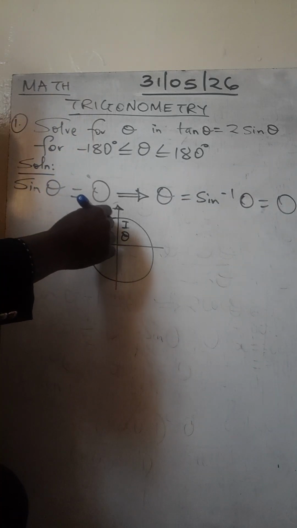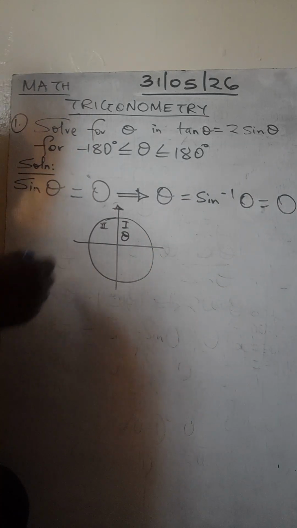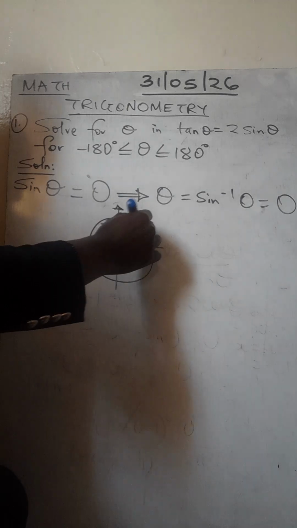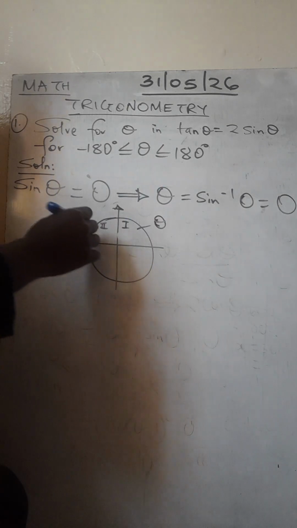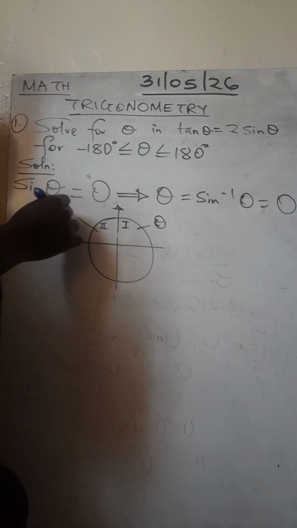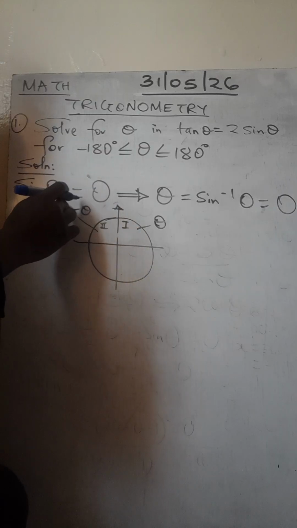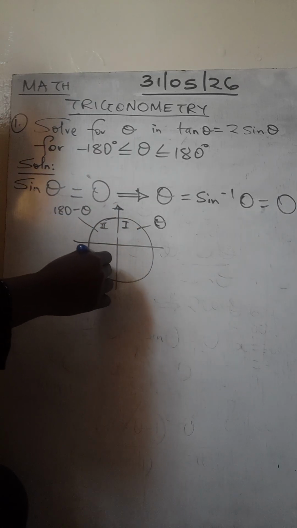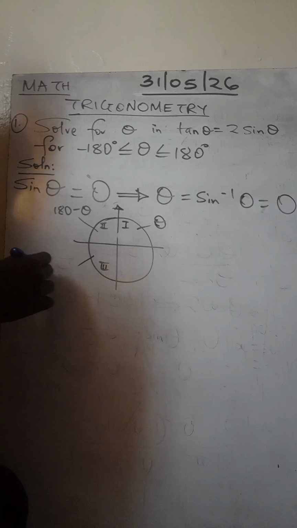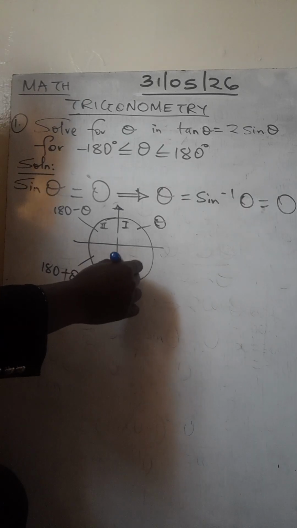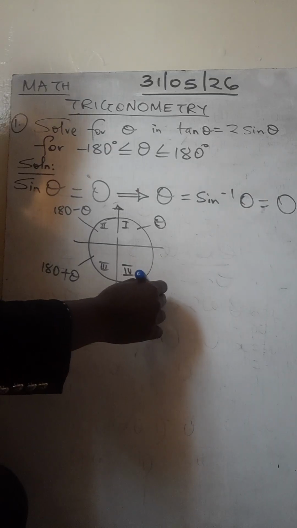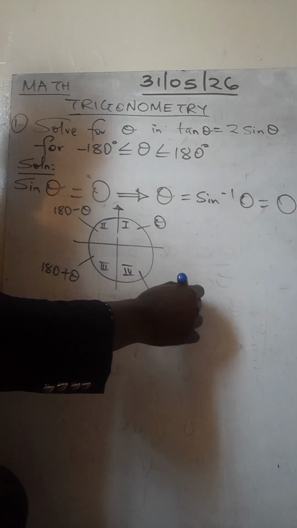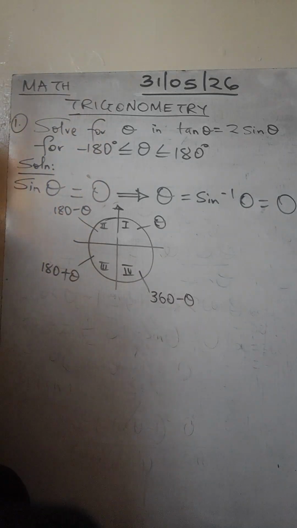We have second quadrant, it is supposed to be, so here it is just theta. Here it is supposed to be 180 minus theta. I hope you remember that. In the third quadrant, we are supposed to have 180 plus theta. In the fourth quadrant, we are supposed to have 360 minus theta. Very important.